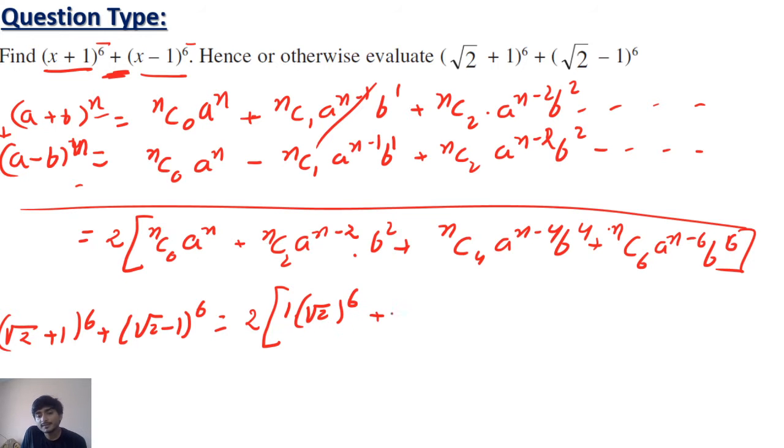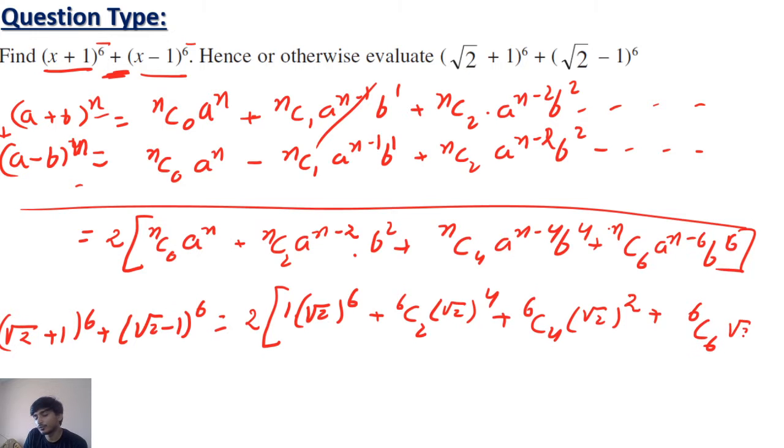Then plus nC2, that is 6C2, and then a^(n-2): 6 minus 2 is how much? Root 2 to the power 4. Same way directly you can write 6C4, root 2 to the power 2, right? Then finally 6C6, root 2 to the power 0. Is it clear? So this is the final expansion.